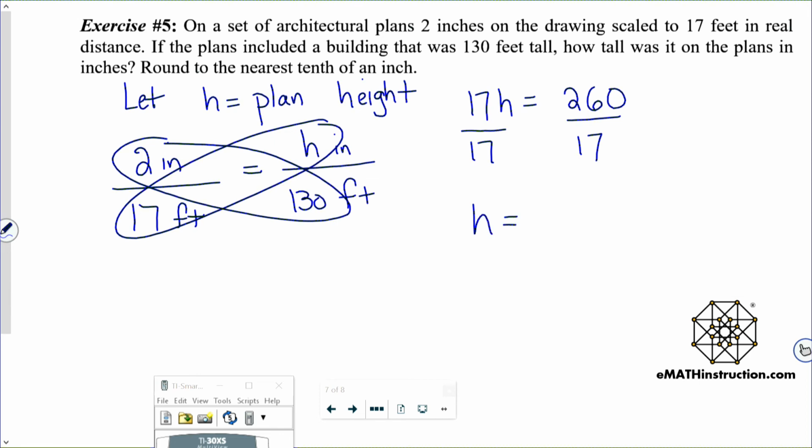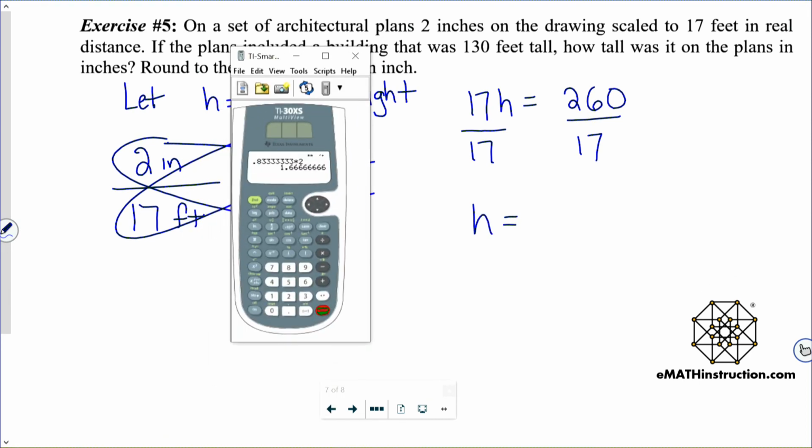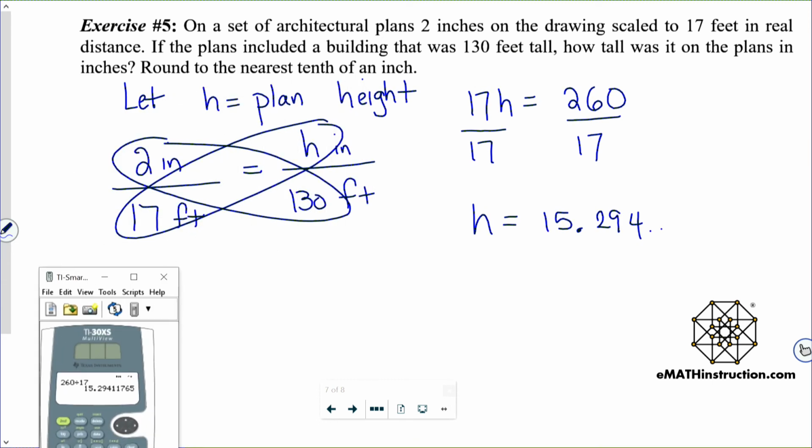Now we'll just divide both sides by 17. And for this, the calculator is the better move. So let's do 260 divided by 17, and it should be 15.294, etc. They want it to the nearest tenth of an inch, so 15.3 inches tall.